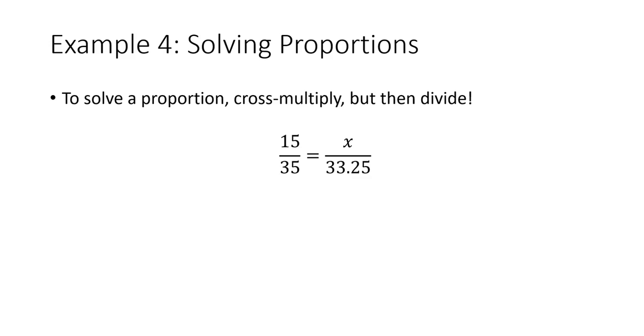If we want to solve a proportion, if we want to find a piece that's missing, we can still cross multiply, but then we just divide to find the missing value. So if we cross multiply here, 35 times x equals 15 times 33.25. 15 times 33.25 is 498.75.